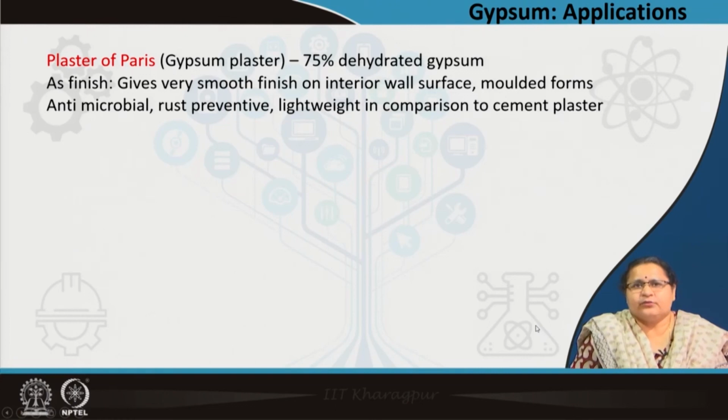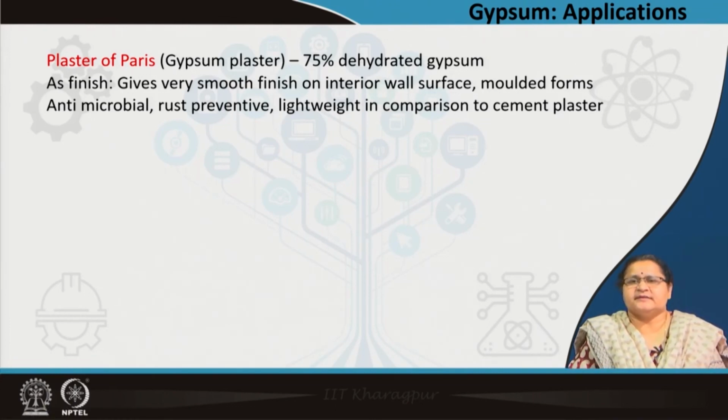Plaster of Paris, where 75% dehydrated gypsum is used, gives you a smooth surface, as I told you. For interior wall surfaces, you can make different molded forms in ceilings, carvings. It is better than cement plaster at times.